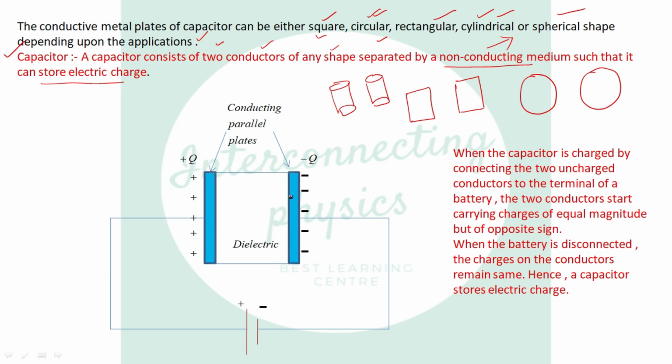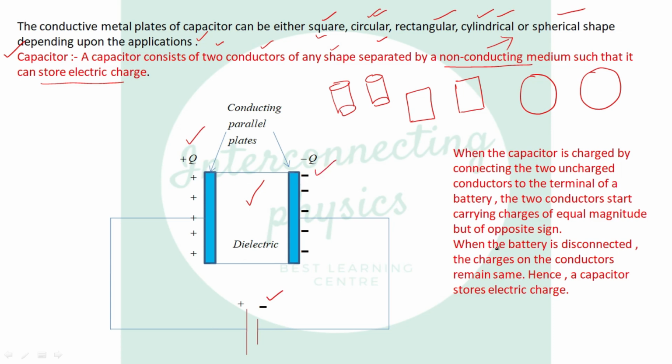Suppose we have a parallel plate capacitor, that is, two parallel plates separated by some dielectric. Now let us say these two parallel plates are connected to a battery. When they are connected to the battery, positive charge will develop on plate 1 and negative charge will develop on plate 2.